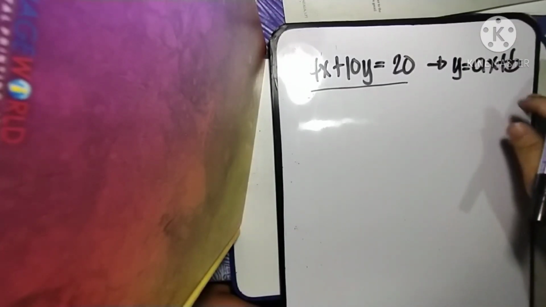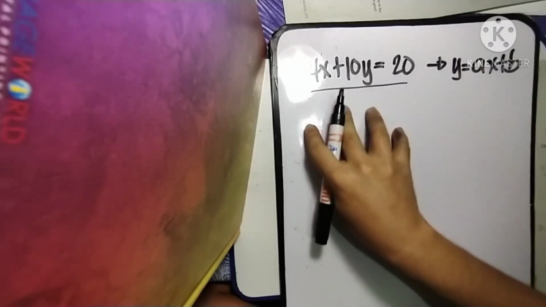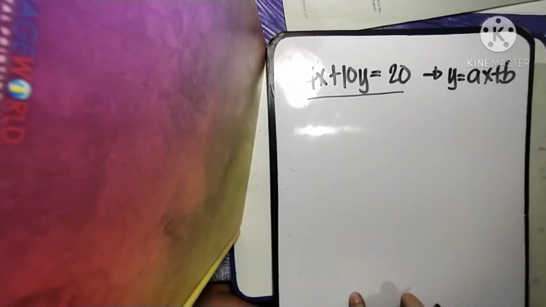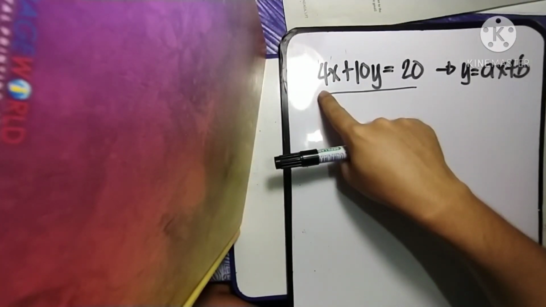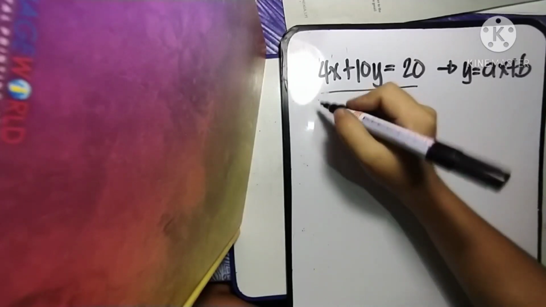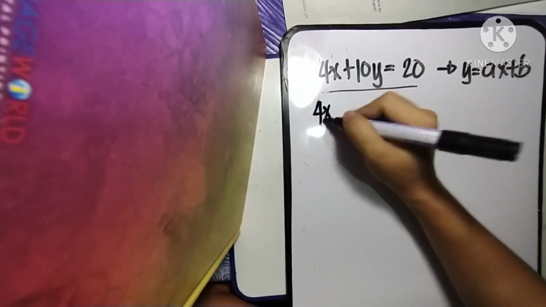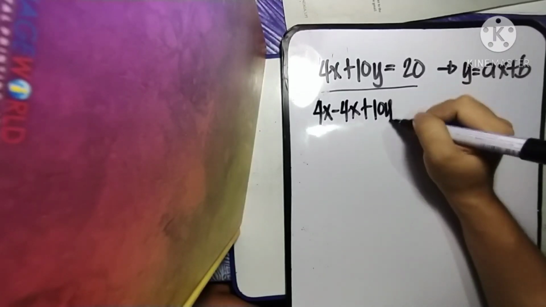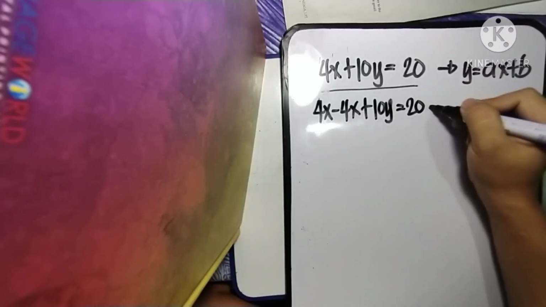Okay, to rewrite this one, we need to transfer 4x to the right side by applying the subtraction property. Why subtraction? Because this is positive 4x. So, subtract 4x from both sides of the equation. Okay, so 4x plus 10y is equal to 20 minus 4x.